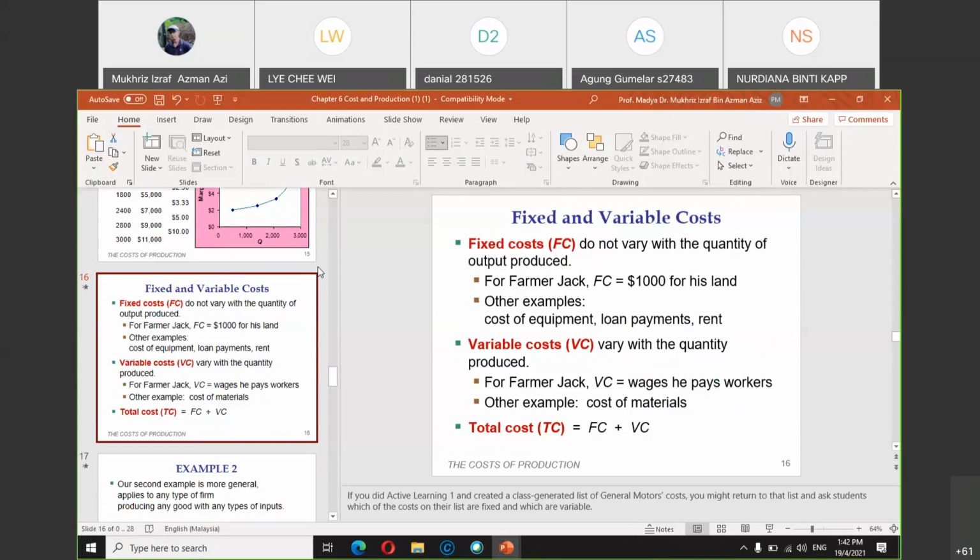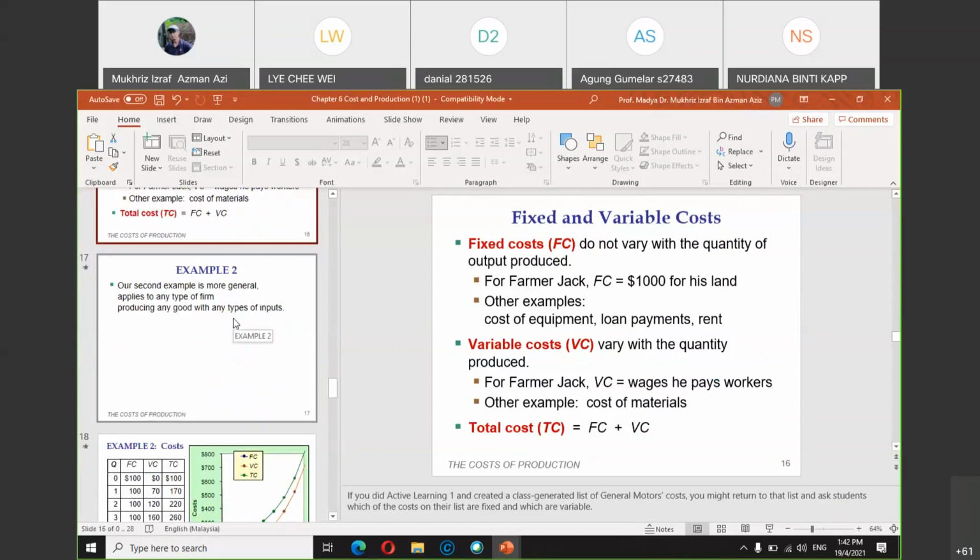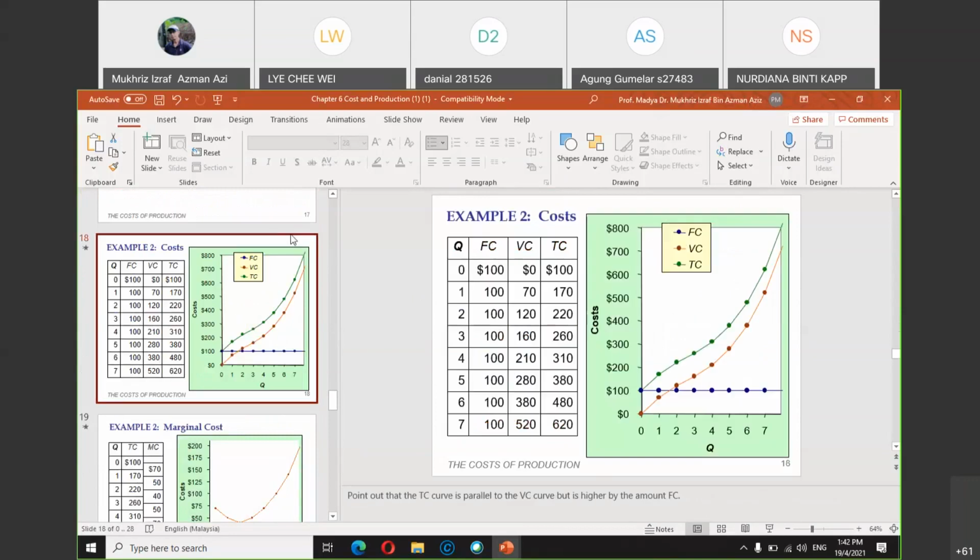In economics, we divide the explicit cost into two: fixed plus variable cost. And in this next example, there is also another breakdown. You can see the breakdown of the three types of cost: fixed, variable, and total cost.